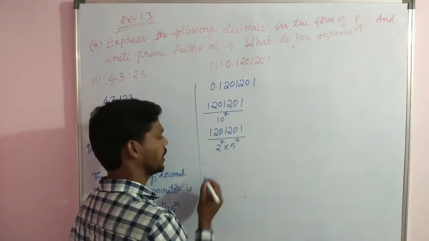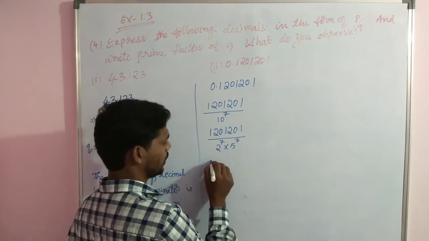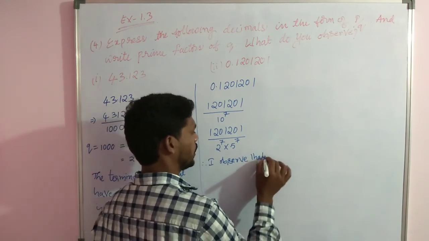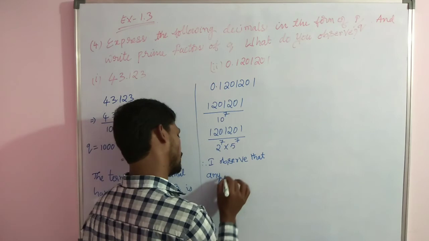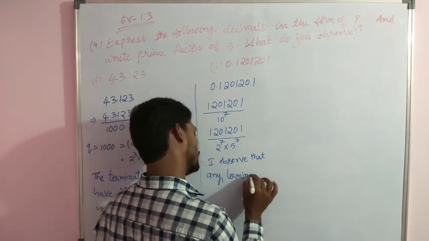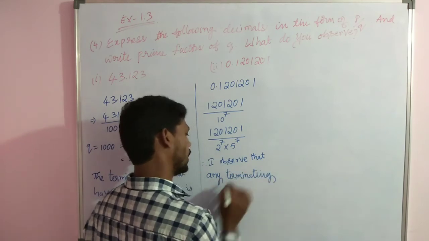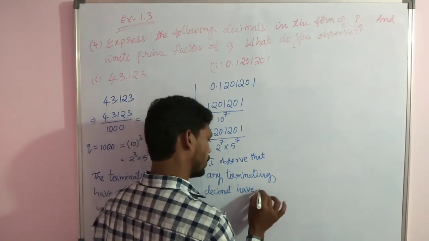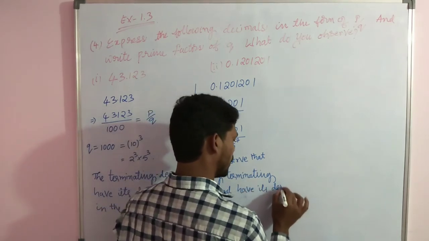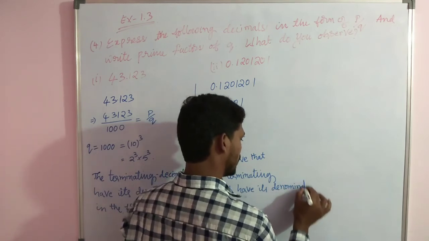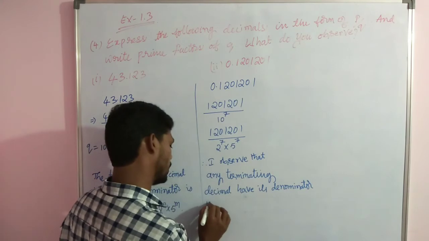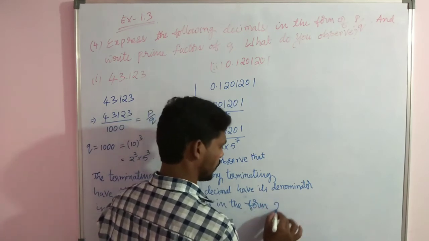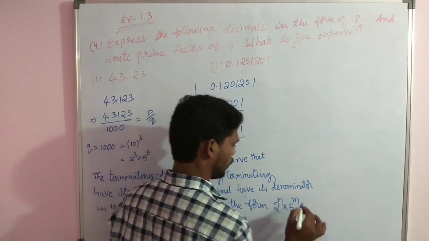What do you observe? I observe that any terminating decimal has its denominator in the form of 2 power n and 5 to the power of m.